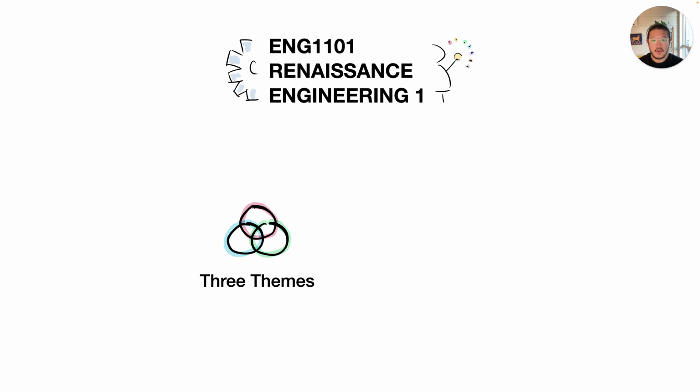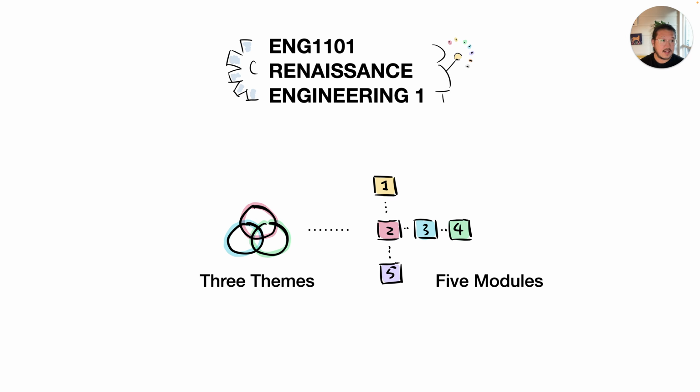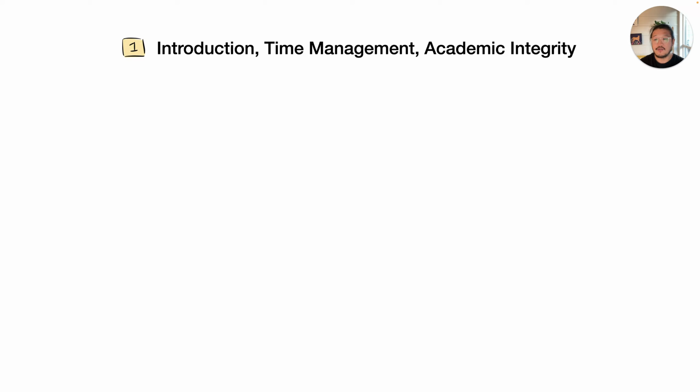In our course, there are 3 major themes broken down into 5 different modules. The first module is what's happening now. You're being introduced to the course. It also includes some self-directed learning modules on eClass on time management and academic integrity.